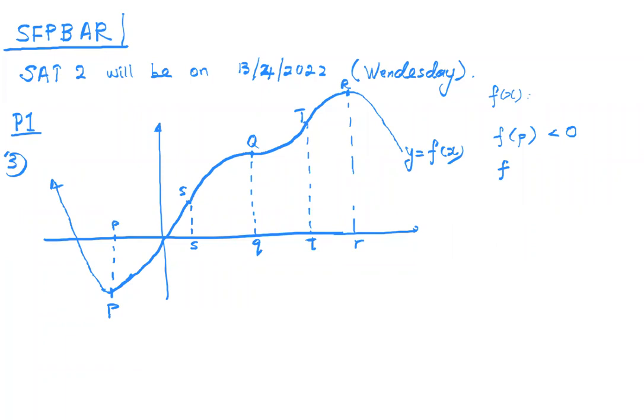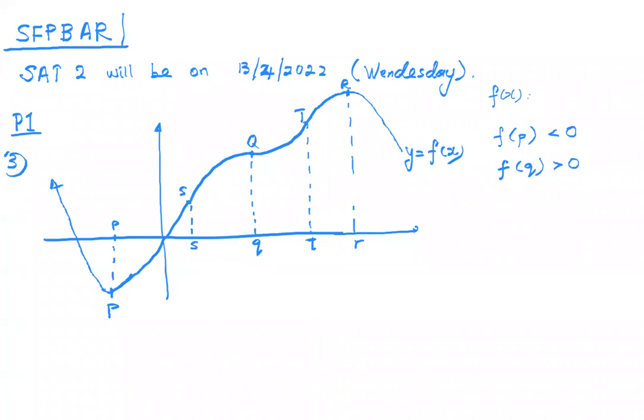Okay, never mind. So what can I say about f(Q)? You better answer me. If you don't answer me, you cannot understand curve property. Greater than 0, that's all I can know.